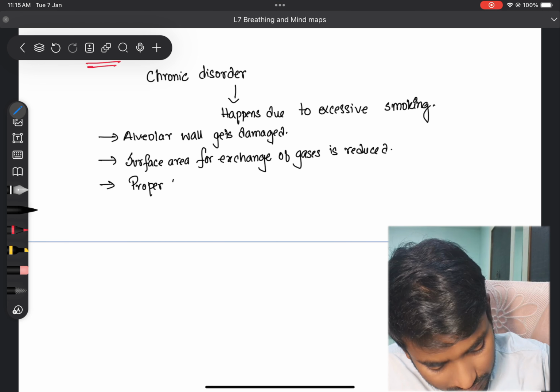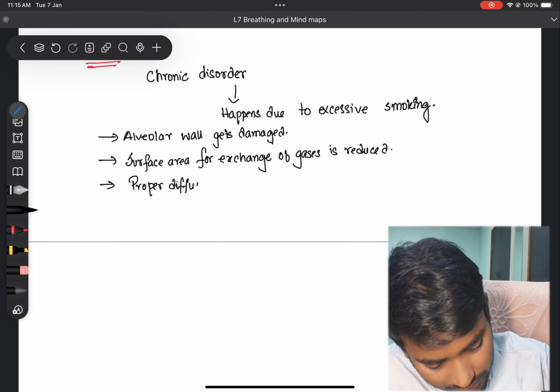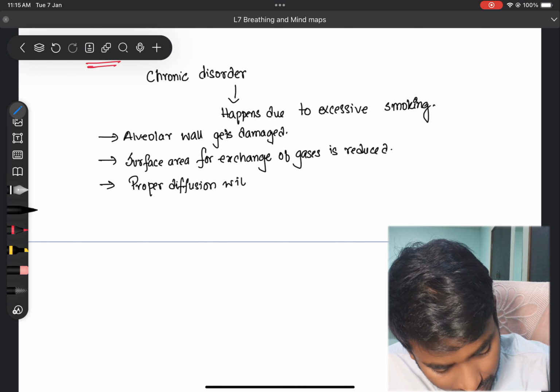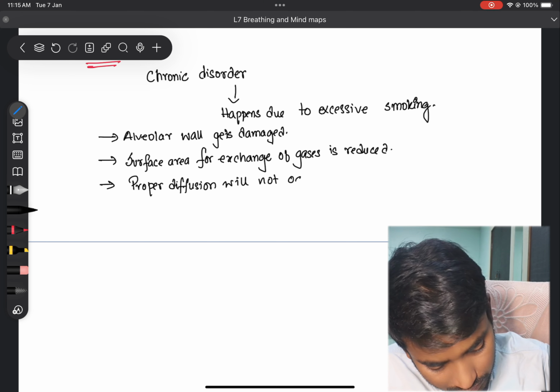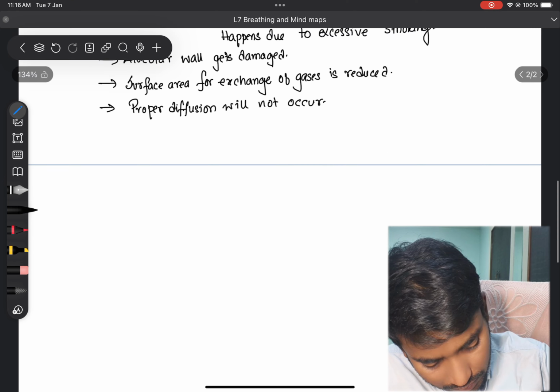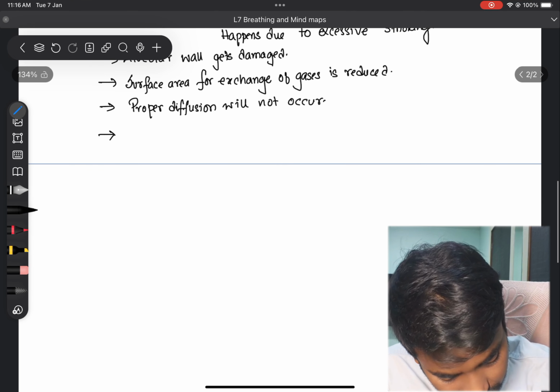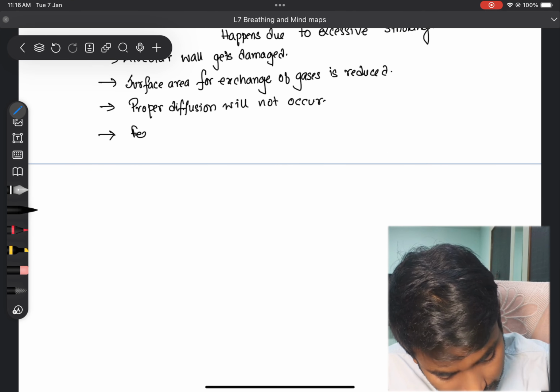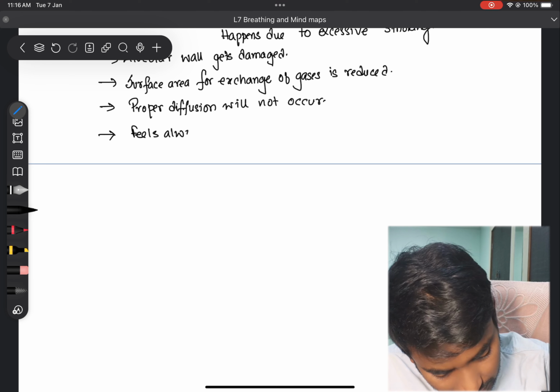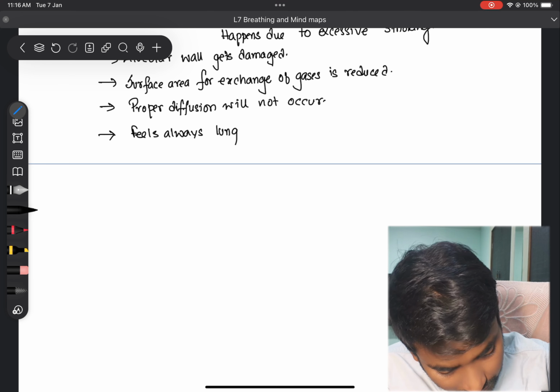Proper diffusion will not occur. It feels as if the lungs are always full of air.